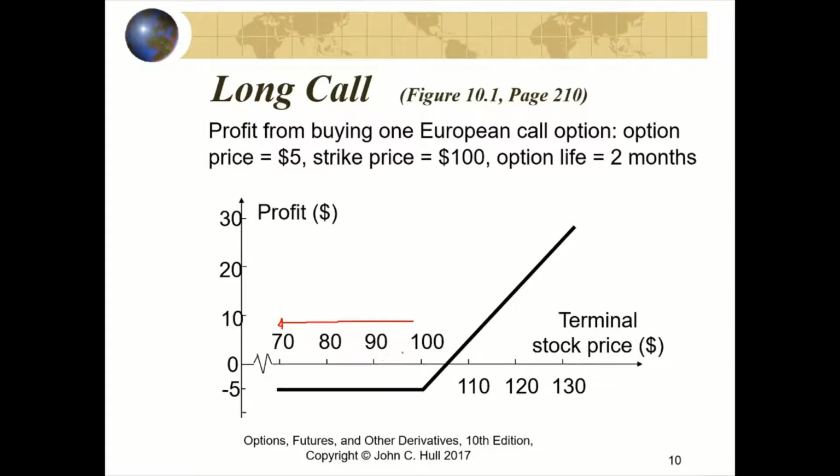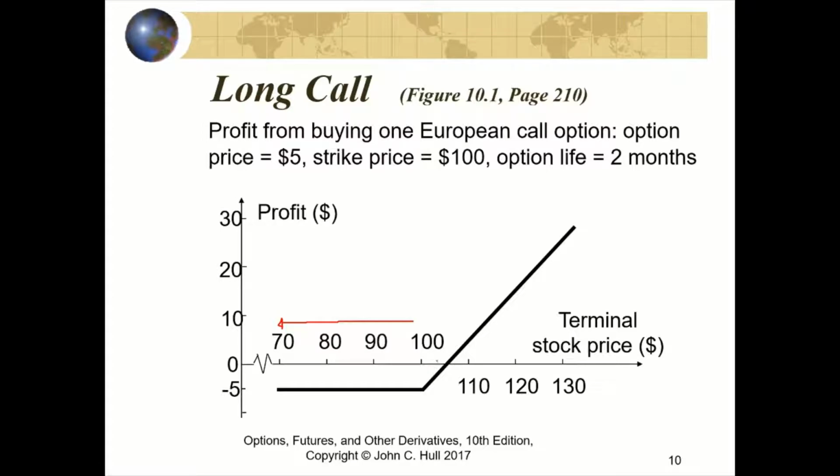Now, if the price is below 100 and it doesn't make any sense to exercise, then you have lost the premium you paid. So the amount you paid as a premium is a sunk cost. You will not get it back, so you just have to accept that it will be lost.